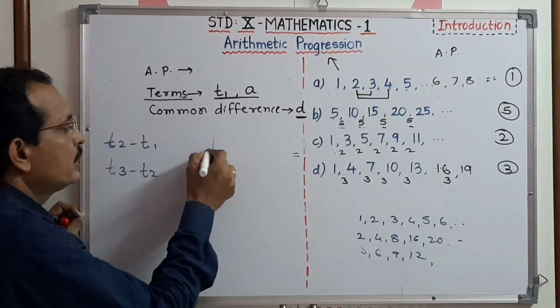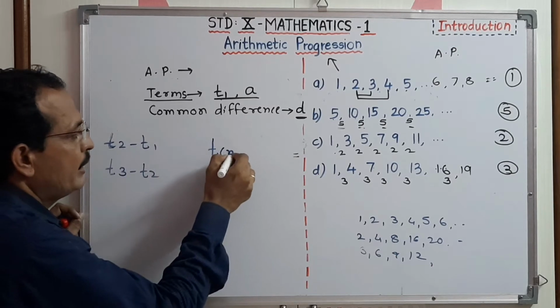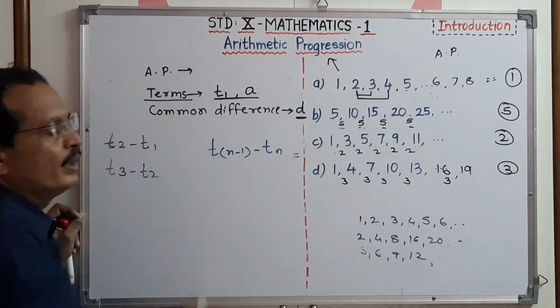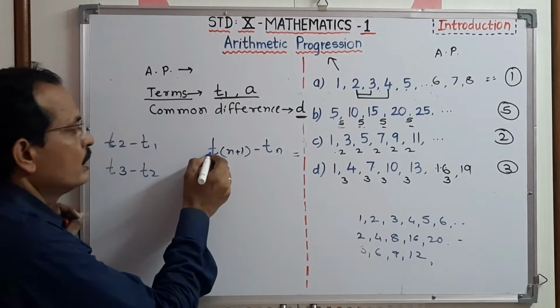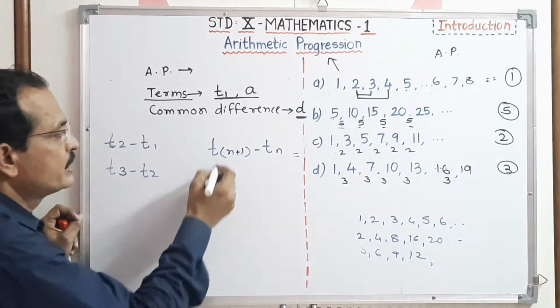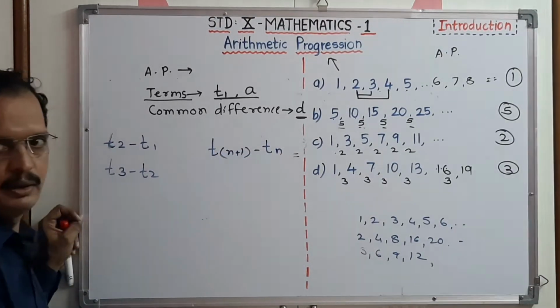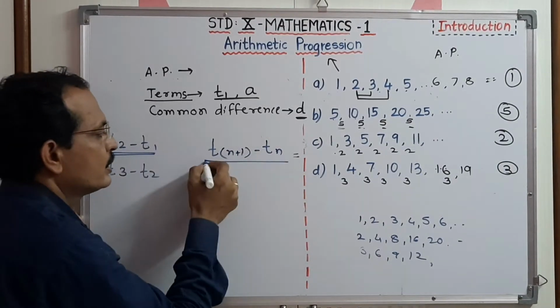Then that arrangement of numbers or that sequence is called an arithmetic progression. Dear student, in the book it is given to find the common difference as Tn plus 1 minus Tn. It is the same as this, but given in another pattern.